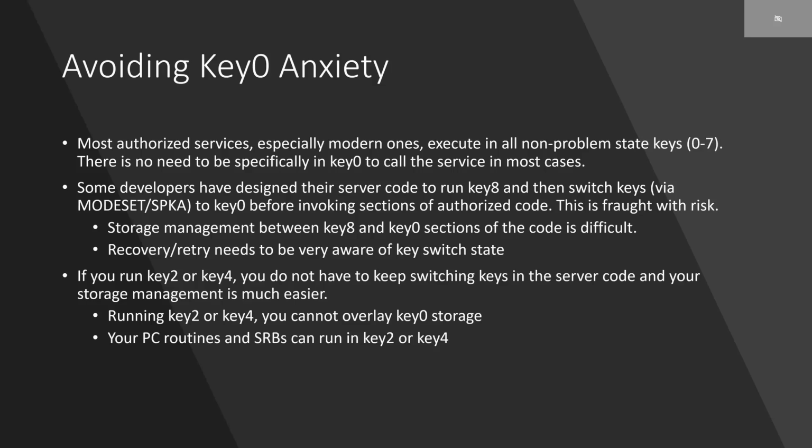So the more I can stay executing in key 4, the better. In my code, there's a tiny little spot where I have to go into key 0 because you have to be key 0 for a specific IBM service. But 99.999% of the time, I'm running key 4, and that makes me feel very, very happy.